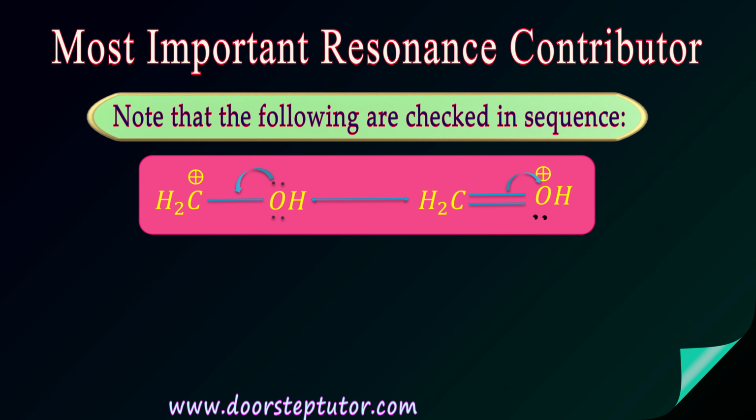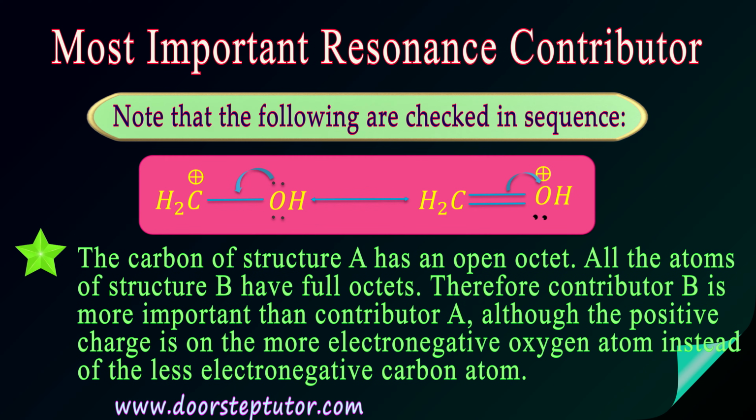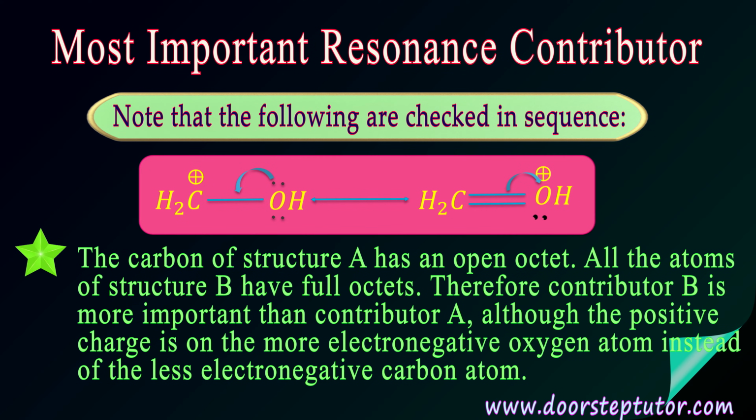Here we have an example also. So we have resonating structures of CH2OH, which is an alcohol. Now the carbon of structure A has an open octet, but if we see structure B, we can see that every atom in this structure has completed its octet, and their octets are full.